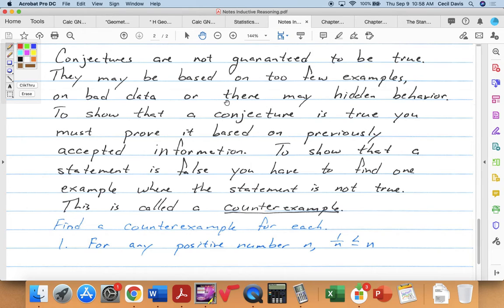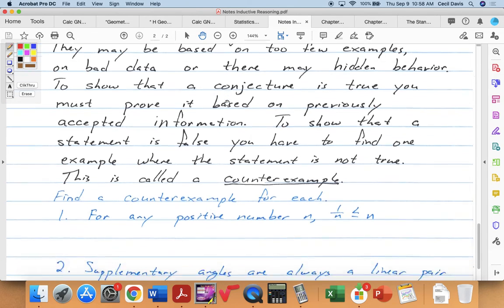Yeah. So showing that something is false is always simpler than showing something is true. There's a higher standard for true. For true, it's got to be true all the time. For false, all you have to do is show one time that it doesn't work and it's false. That's called a counterexample.